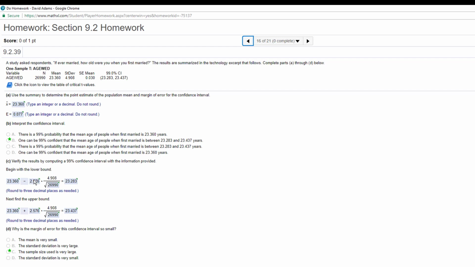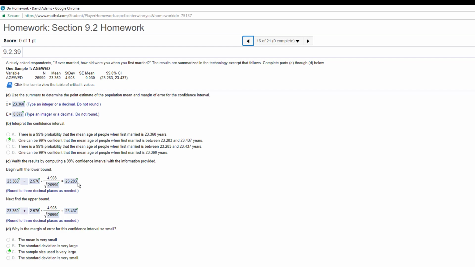See the 2.576. We'll address where that came from in a minute. But you have X bar plus or minus T alpha over 2 times S. This is S right here, 4.908. Right? See up at the top, standard deviation, 4.908 over the square root of the sample size. They did the math on that, and that's where the 23.283 came from.